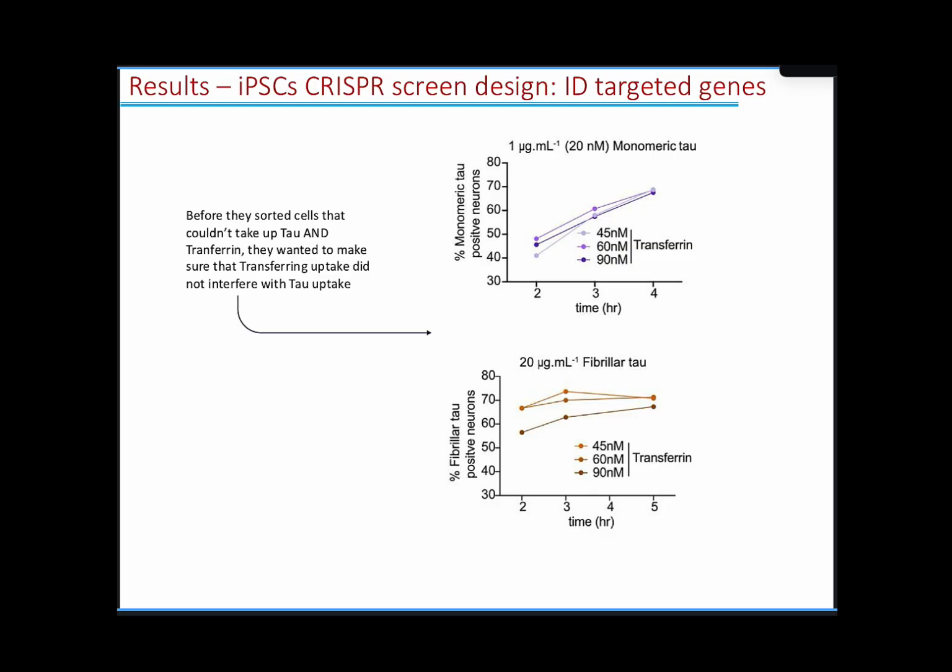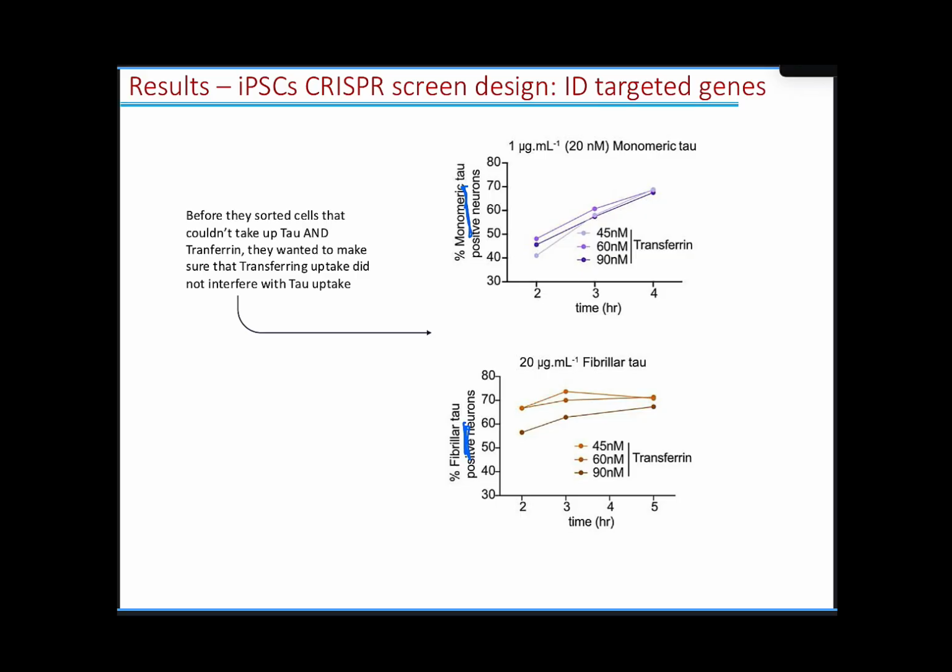So before going into this whole CRISPR screen, they took cells, incubated them with fluorescent monomeric tau or fluorescent fibrillar tau. That's what these two plots are about. One is for monomeric, one for fibrillar. And then they co-incubated those cells with larger and larger amounts of fluorescent transferrin.